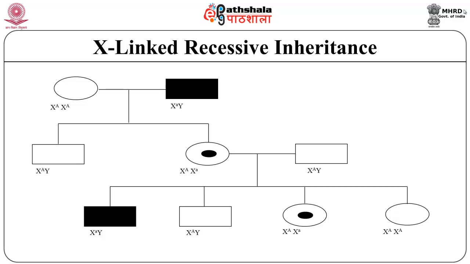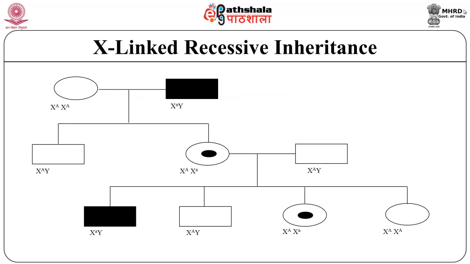Hemophilia is determined by an allele X small a, and the normal condition by X capital A. The affected hemophilic person is represented by X small a X small a and X small a Y in females and males respectively. Only one copy of the affected allele is required to express the phenotype in males.